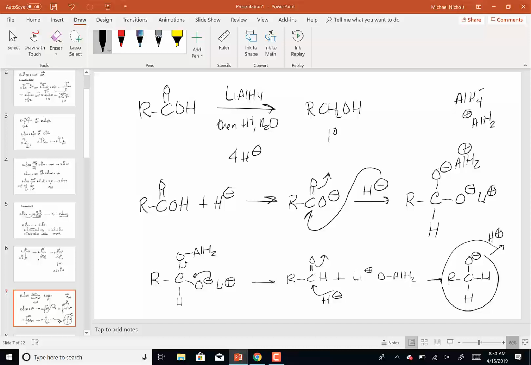So that aluminum counterion is sort of the magic in this reaction. It's how we lose one of the oxygens that allows us to go back down to the primary alcohol. So that's the mechanism for the reduction of the carboxylic acid.